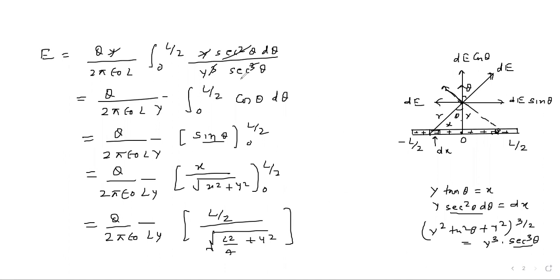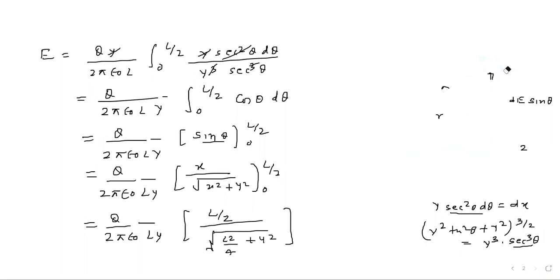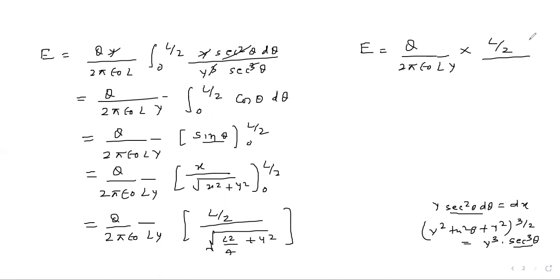So if we simplify it further, this will become E equals q upon 2 pi epsilon naught Ly times L by 2, and from here, if we take LCM, this 4 will go in numerator, so it will become 2, and inside the root we will be left with L square plus 4y square.